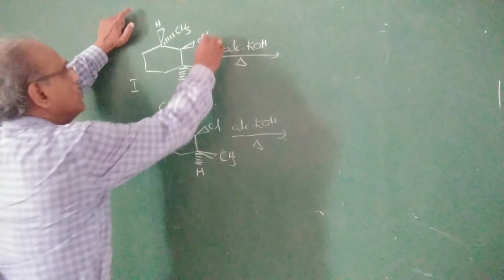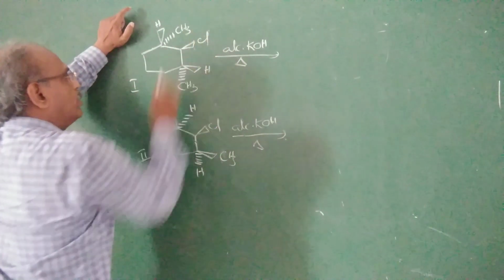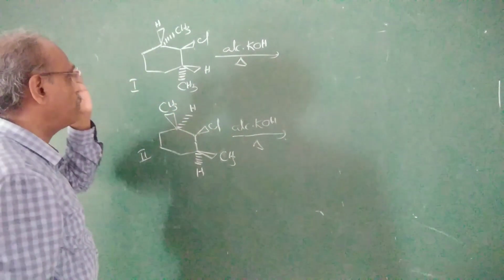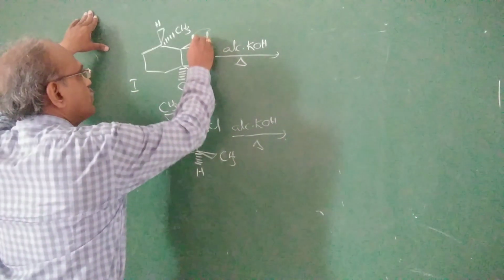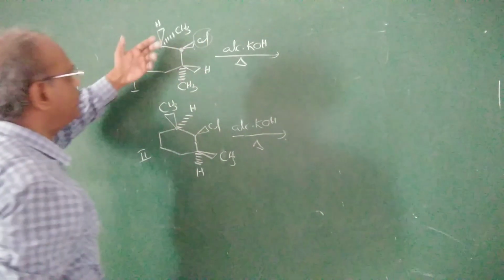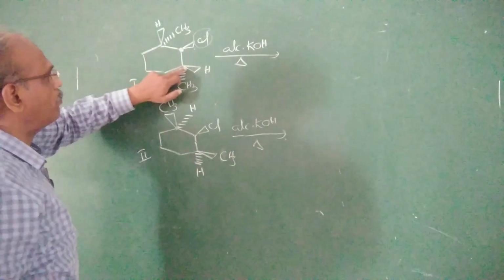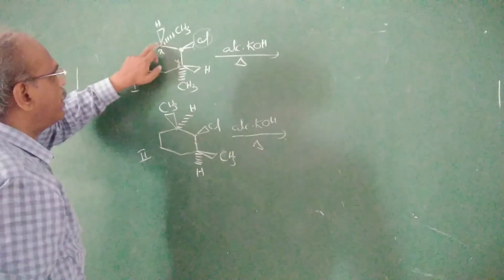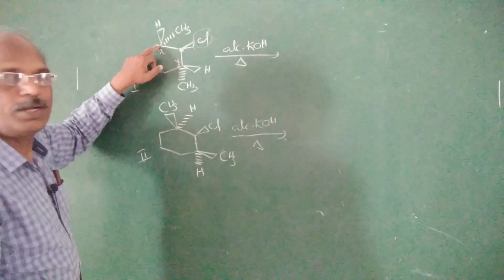Now see, what are the possible products? What I told you, this is a cyclohexane system. Anti-elimination is possible. So from this carbon, we have to remove chlorine. From the adjacent carbon, there are two adjacent carbons. Say this is X, this is Y. From X, is it possible to remove hydrogen?